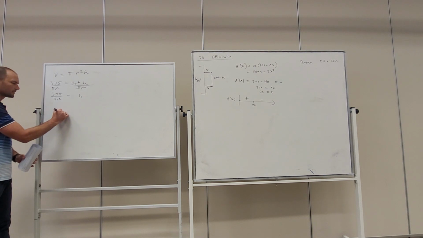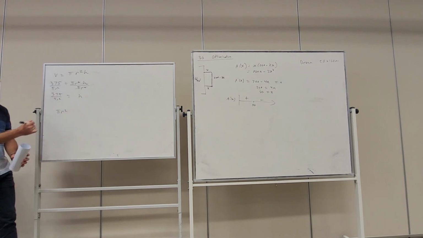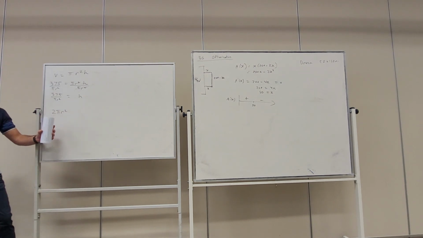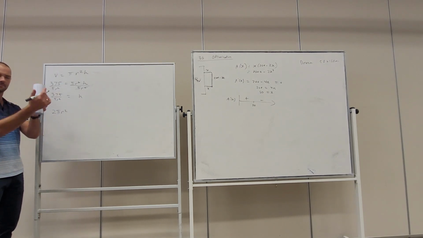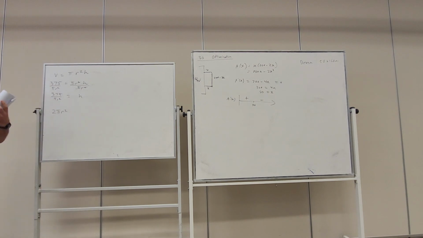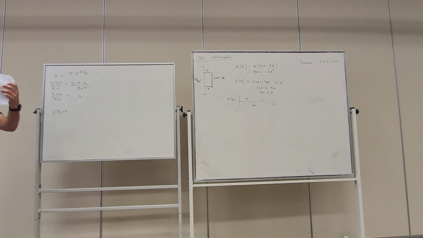So the area of a circle is pi r squared, and we have 2 circles, so that accounts for those. And then we have this area around the outside. The way we can think about the surface area of a cylinder is if I chop, chop, chop, chop, it's a rectangle, and that's just its height. So that's just h.